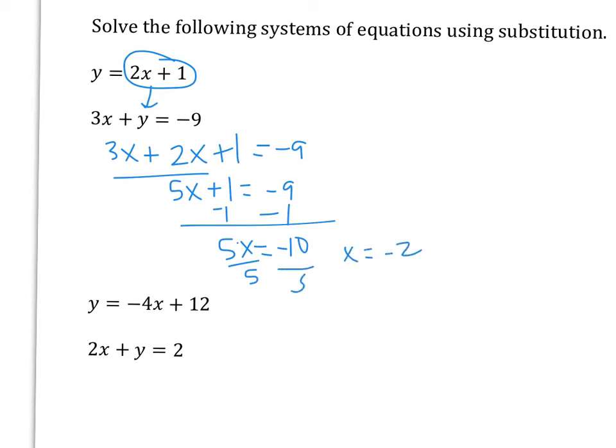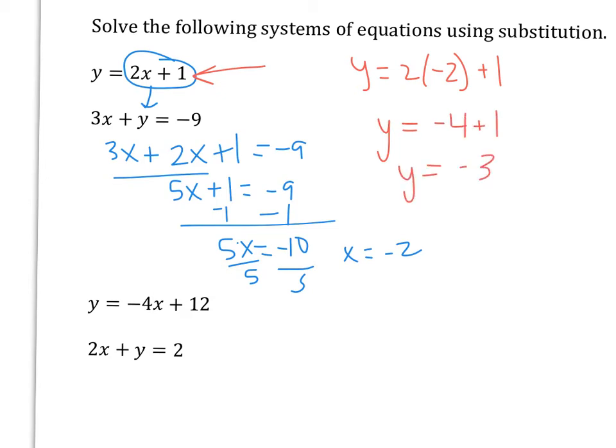So I get x equals -2, so now I'm going to plug that back in to whichever equation looks easiest, and the first equation looks easiest to me. So y equals 2 times -2 plus 1, so y equals -4 plus 1, so y equals -3. So my final answer is -2, -3.